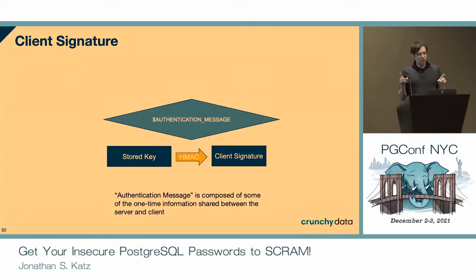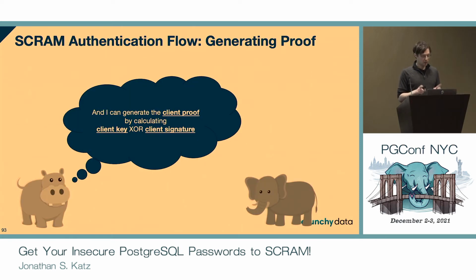Now, the authentication message is a little complicated in the sense that I can't fit it on one slide, but essentially it's a bunch of one-time information that you have during the session you're trying to authenticate. And from there, you get what we're calling the client signature. We then are going to generate something called the client proof. The client proof is an XOR between the client key and the client signature.